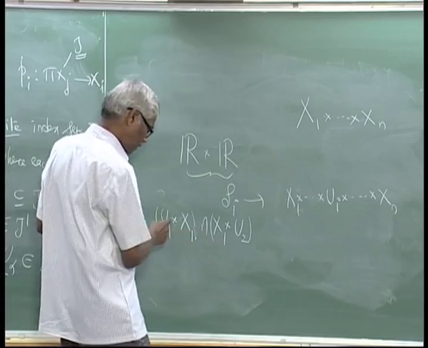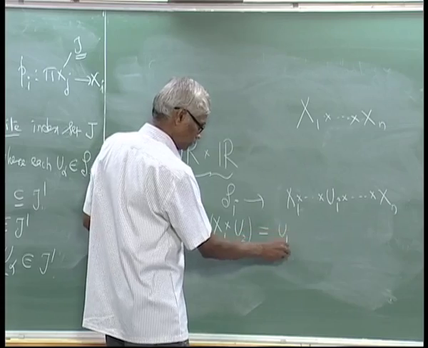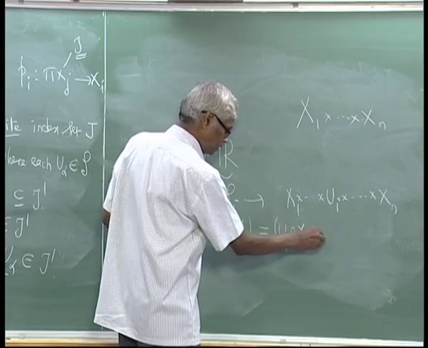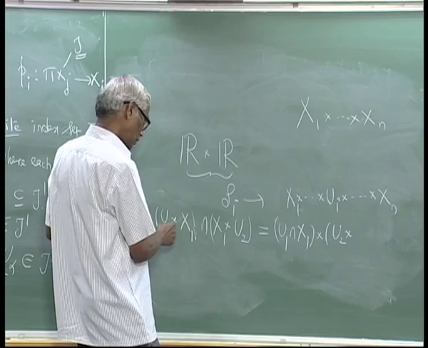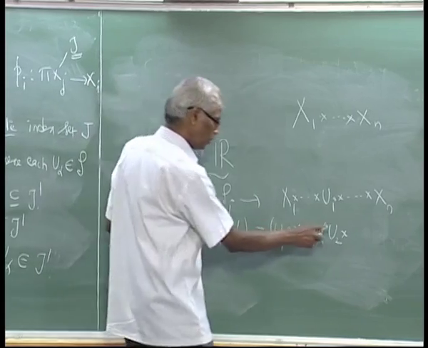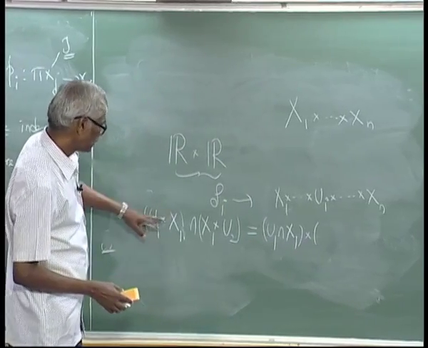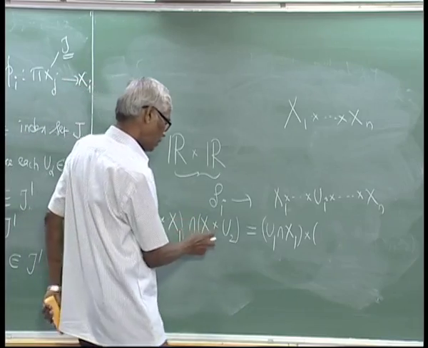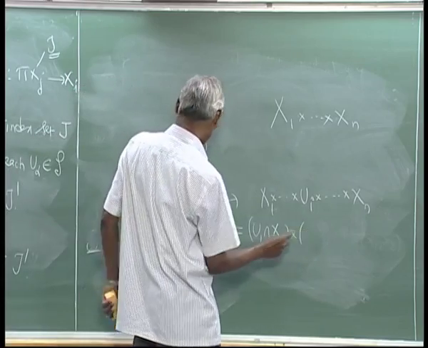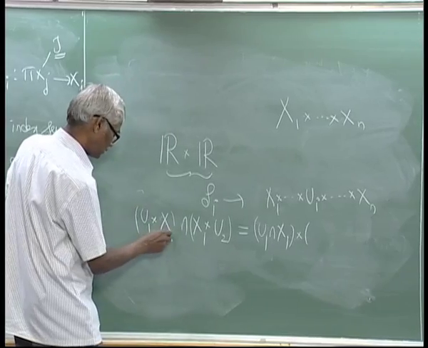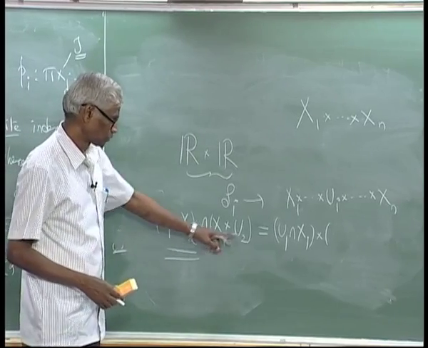we can prove that this is the same as U1 cross U2. Here U1 cross X2 is one basic open set, and X1 cross U2 is the other.